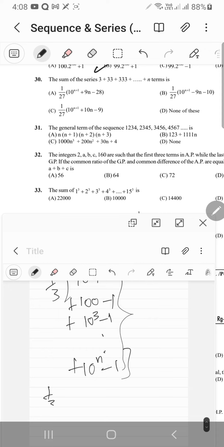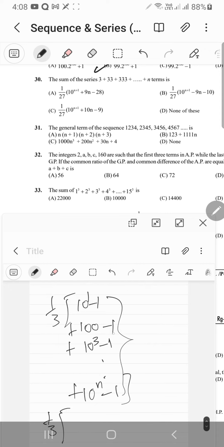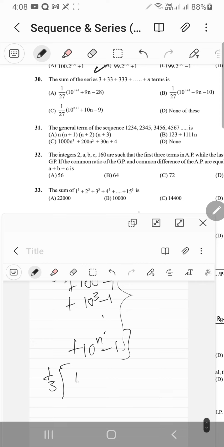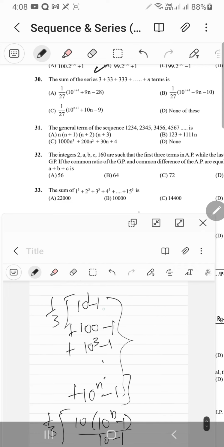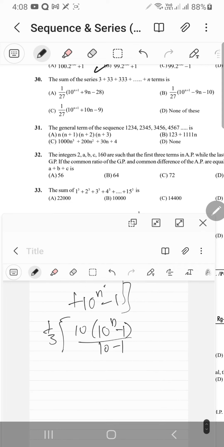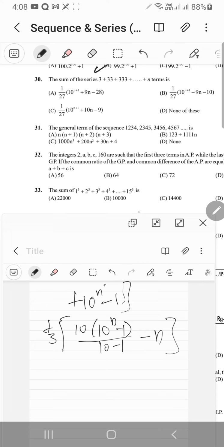There are exactly n of these because you start with 10 power 1 and end with 10 power n. So it's 1/3 of, this geometric series, yeah, it's just 10 times 10 power n, and all of this stuff, minus 1, minus 1, minus 1, that's minus n because n of these. Okay, cool.